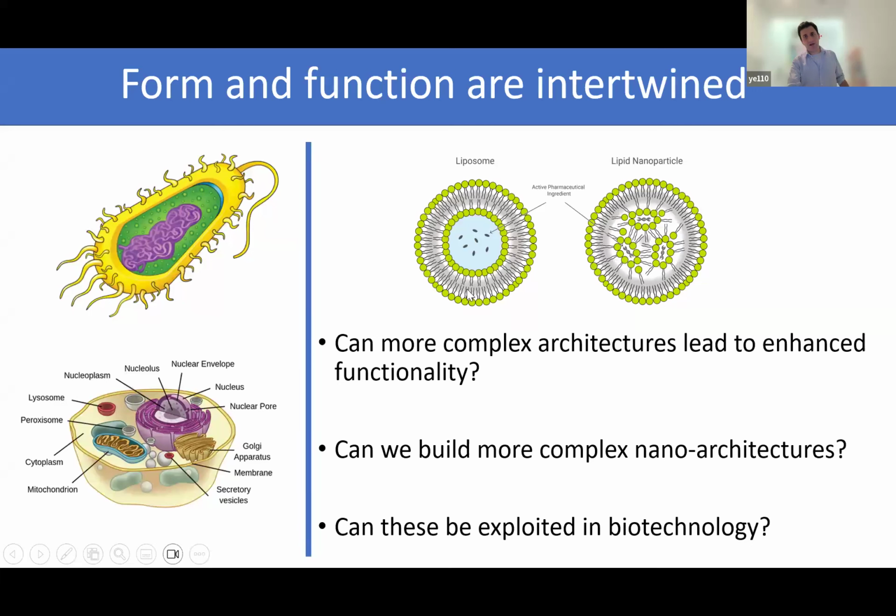If you look at a lipid nanoparticle, it's very structurally simplistic. A lipid nanoparticle is just a solid blob, and a liposome is also just a blob. It's just a spherical compartment with things inside. No architectural complexity at all. Can we start to build architectural complexity into these lipid-based particles, and can these be used in synthetic biology?